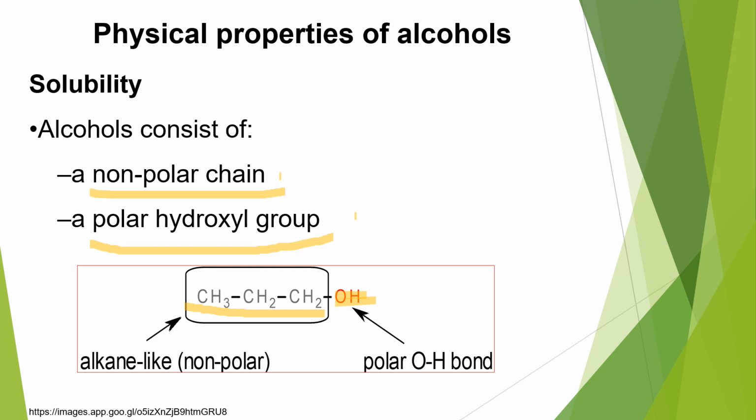The hydrocarbon chain is not capable of forming hydrogen bonds with water, hence it is not soluble. So alcohol consists of two parts: one is a polar hydroxyl group and the other is a non-polar hydrocarbon chain.